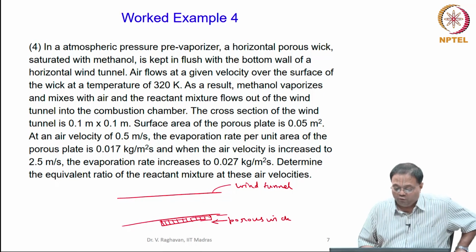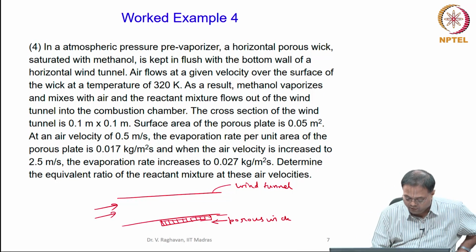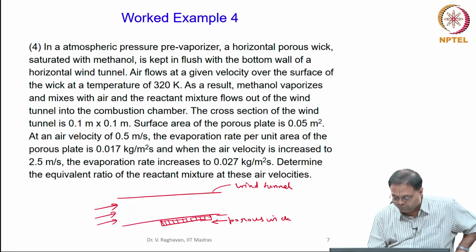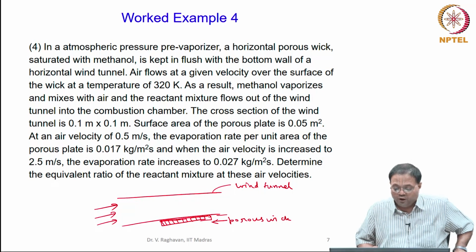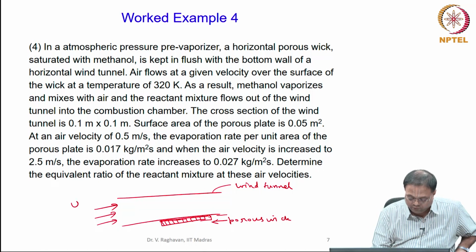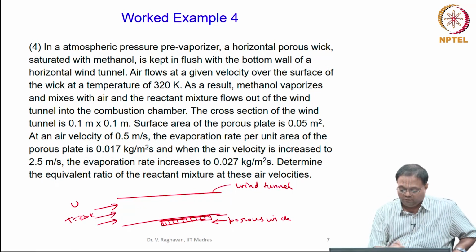Air flows at a given velocity over the surface. So air comes here like this and flows over the surface of the wick, and it has some velocity, and the temperature is 320 Kelvin. That is kept constant, and the velocity is varied.